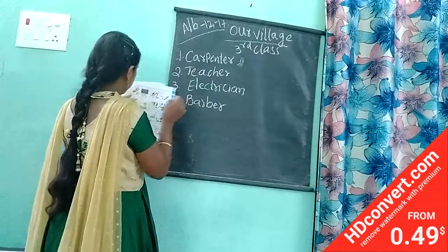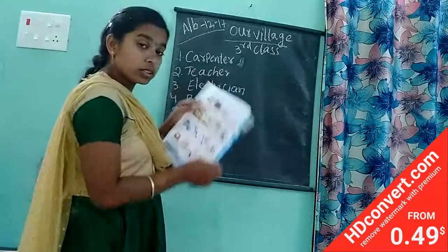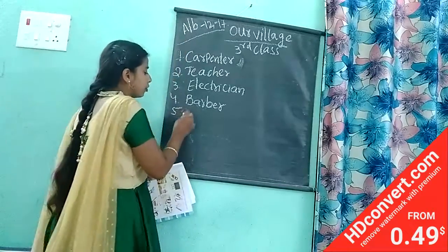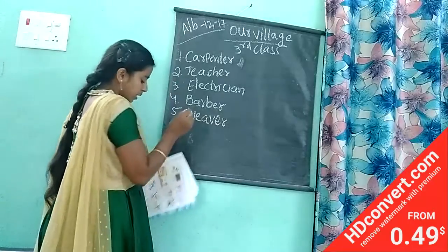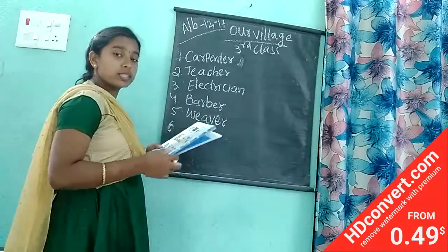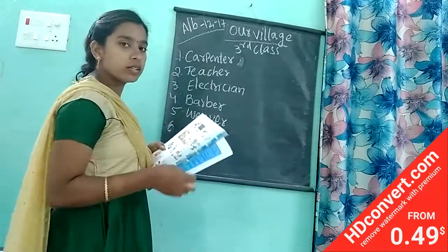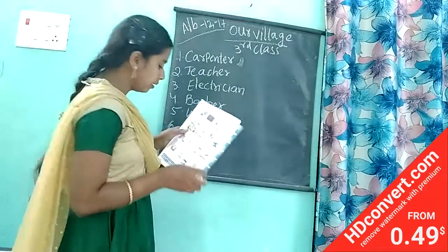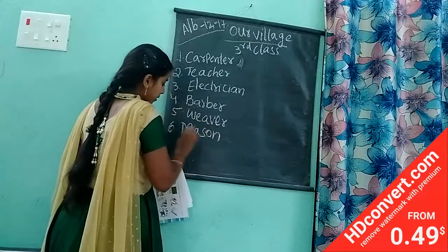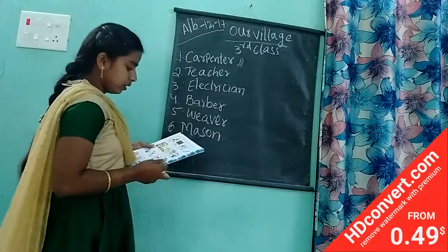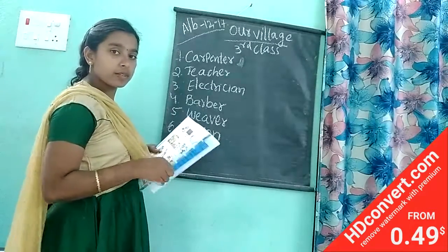And the fifth one, see, making clothes, the occupation is a weaver. And the sixth one, those who do the cement work of our houses, everything is done by the mason. Seventh one, who makes the baskets?